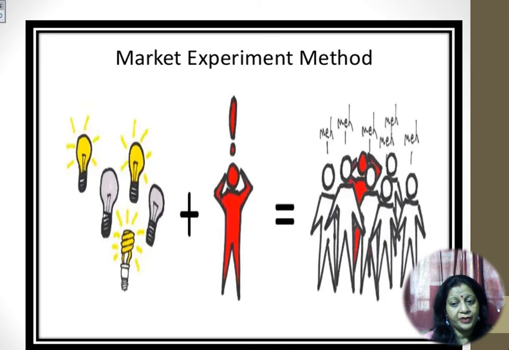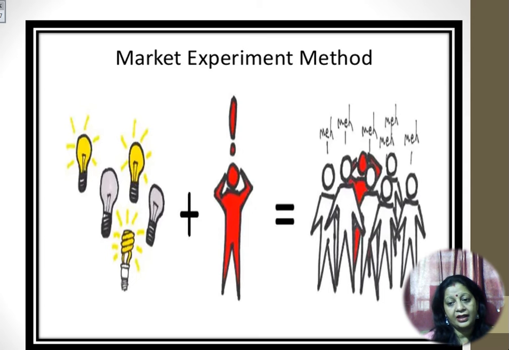So just to have a check that if that product is going to be released in the market in larger quantity, then what is the actual response of that commodity which you are going to launch for the first time in the market. So that is known as market experiment method.